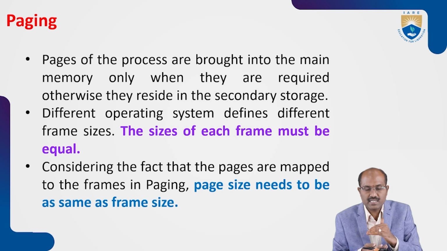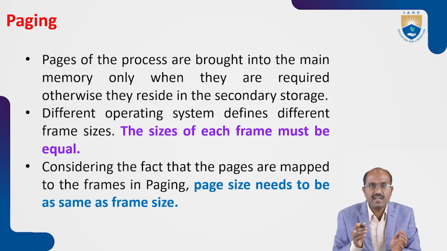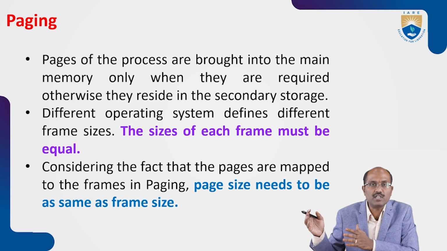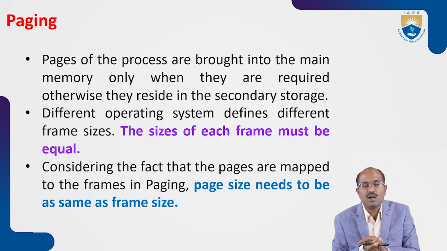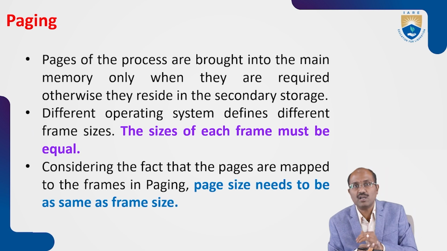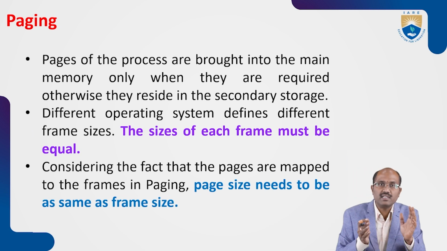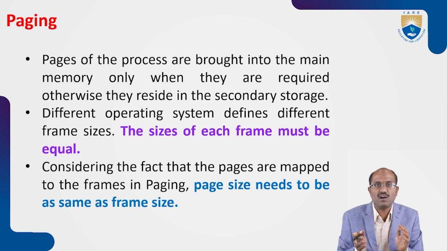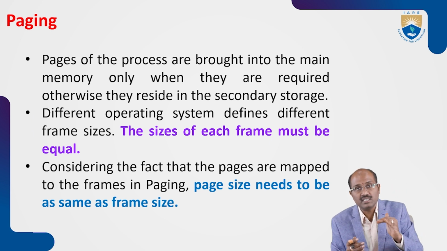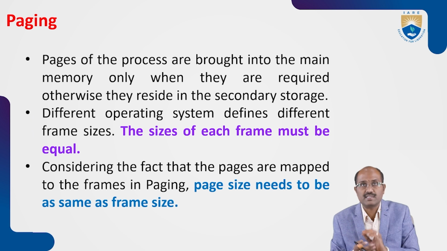Different operating systems define different frame sizes that depend upon the total memory size. Some hard disks are 1 TB, and we have seen 500 GB hard disks. The paging and framing depend on the size of the hard disk.